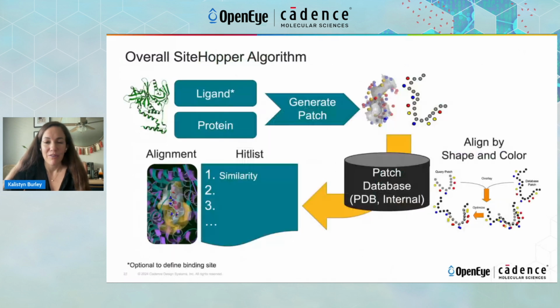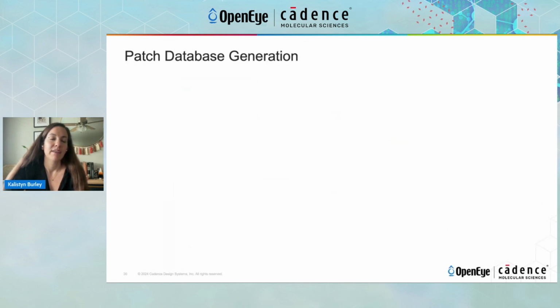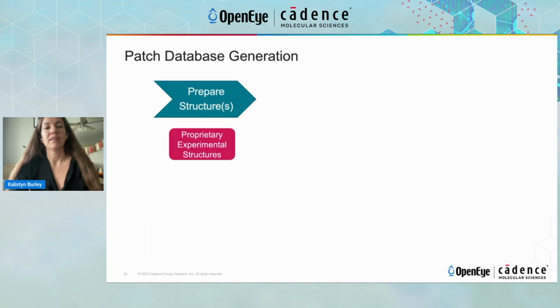Coming back to our overall SiteHopper algorithm, one thing I haven't talked about yet is this patch database. Where do these patch databases come from, and how are they built? I'm going to walk you through how the patches are generated. We start by preparing the structures.